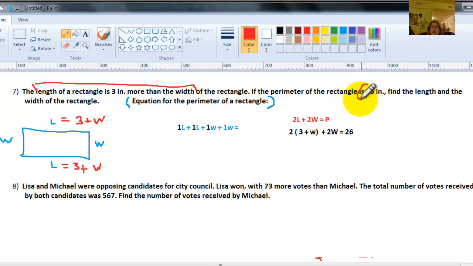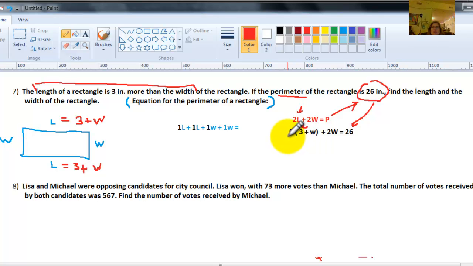This 26 there, that's the perimeter, that's what they tell us, because that's P. Okay, so this is all we did, this L, we wrote in terms of the width, because that's all the information they gave us, that the length was 3 more than the width, so the length is 3 plus W.